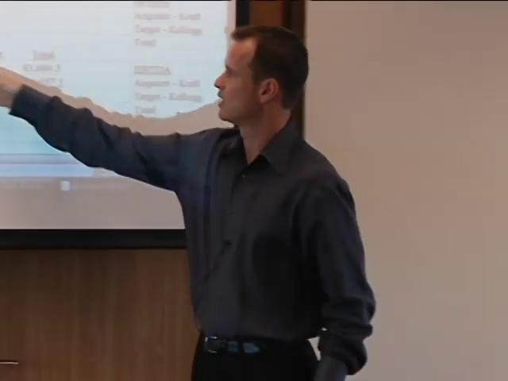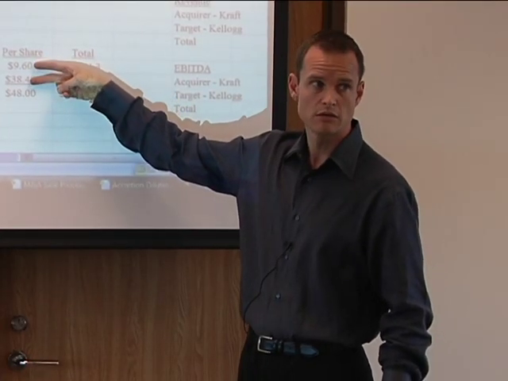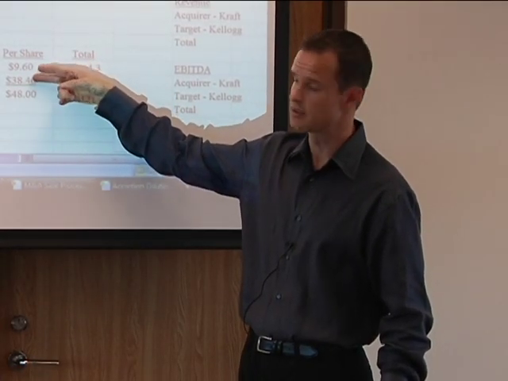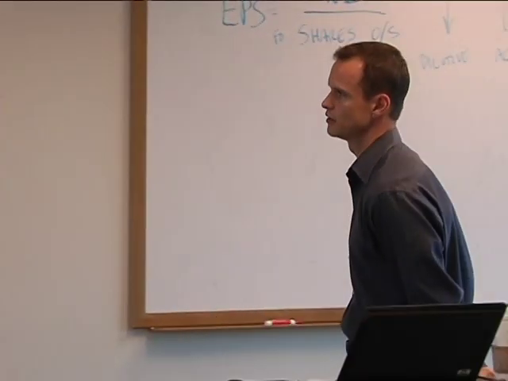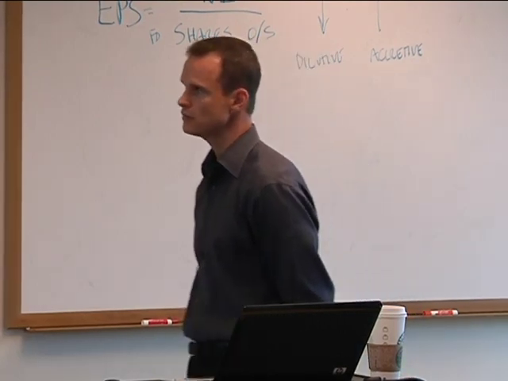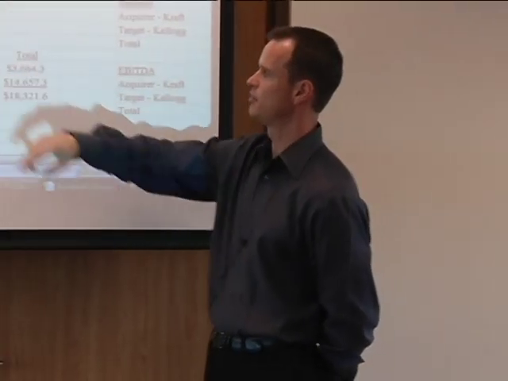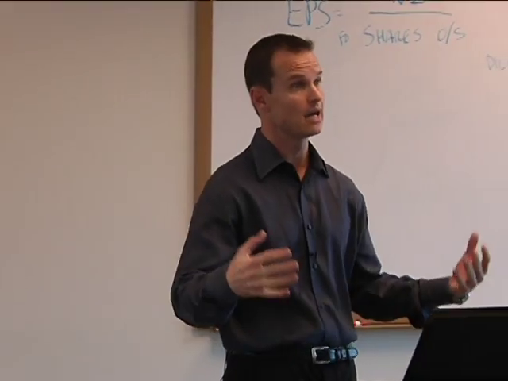All right, if we multiply both of those by the offer price, it'll give us the implied price per share for both the cash and the stock consideration. So just like we said in the assumptions, Kellogg's shareholders are going to get $9.60 in cash per share, plus some shares of Kraft. And those shares end up being worth $38.40 a share, because the two have to add up to 48.